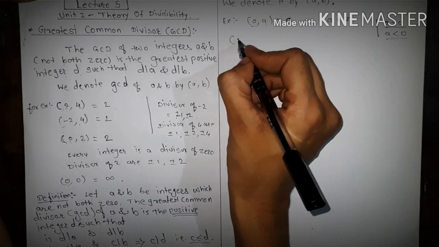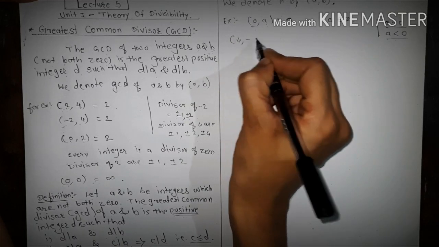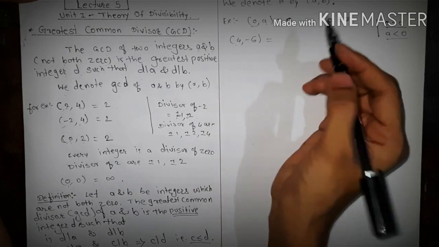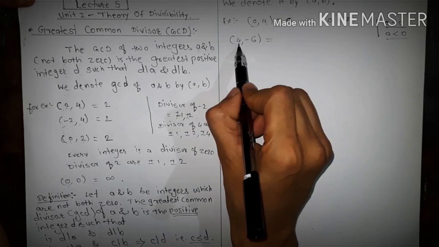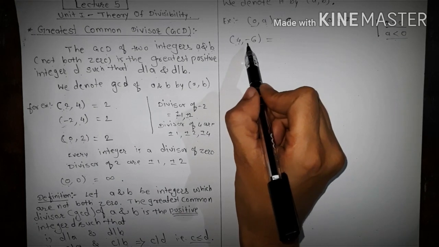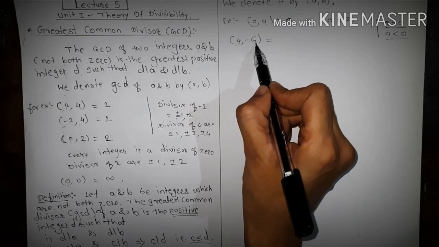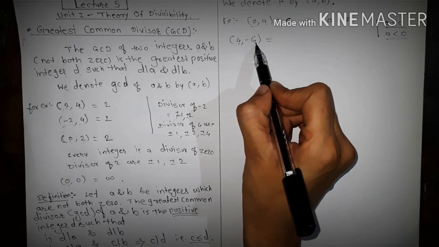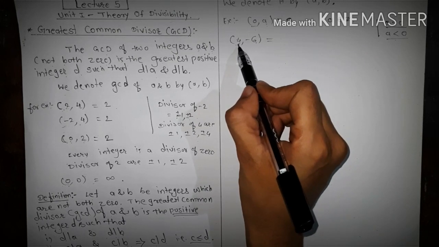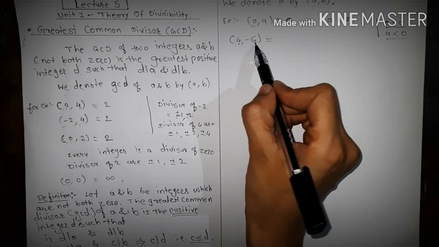Now GCD of 4 comma minus 6. We have to find the greatest divisor which divides both 4 and minus 6.